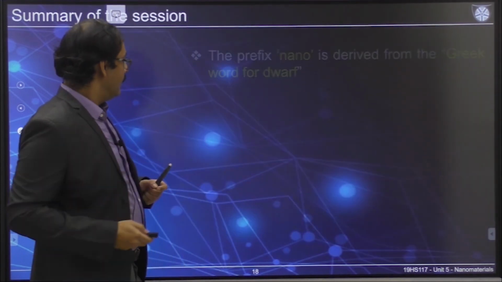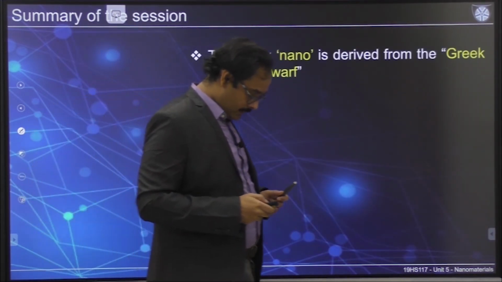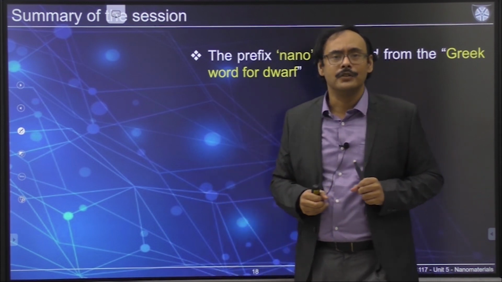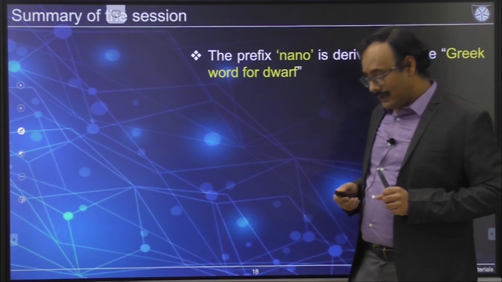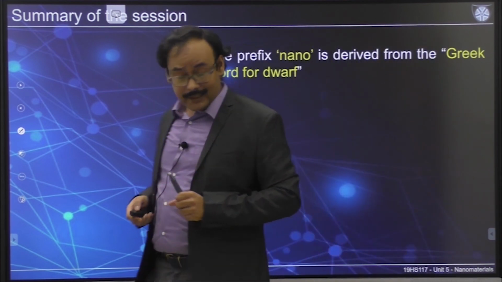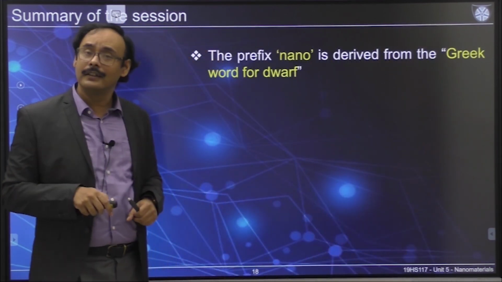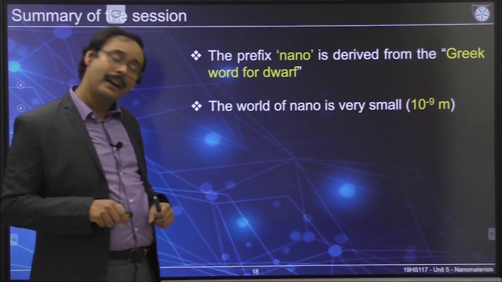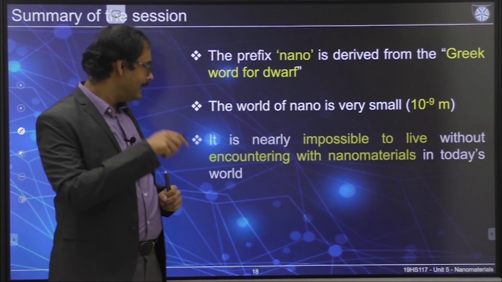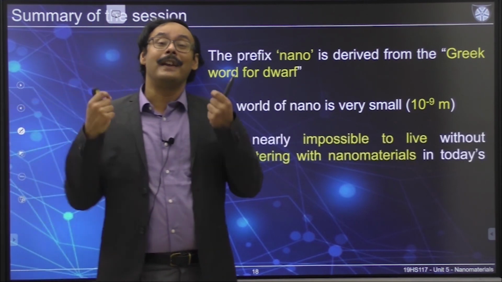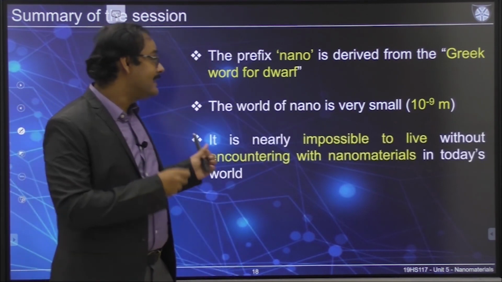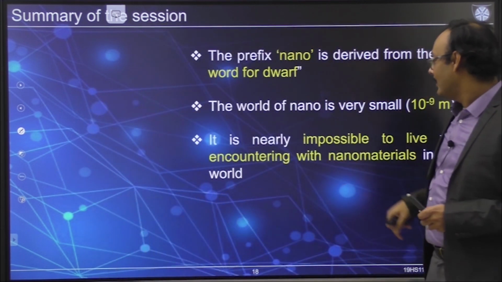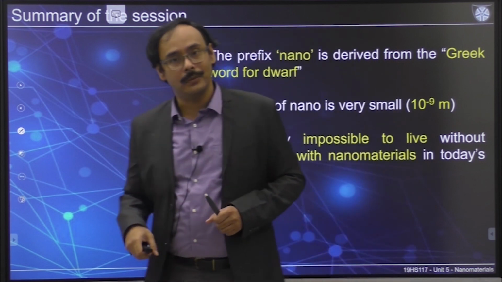Okay? So, to summarize, as far as this part is concerned, what did we learn today? The first thing that we learned is that the prefix nano is derived from a Greek word, and it actually means very small. Not only small, it's very unique. It is nearly impossible to live without encountering nanomaterials in today's world.